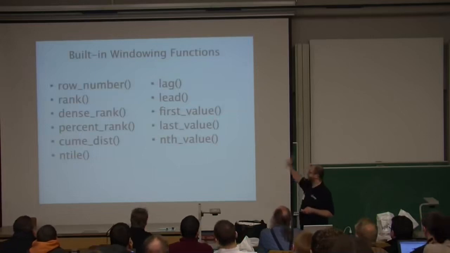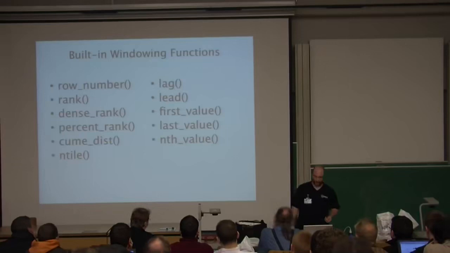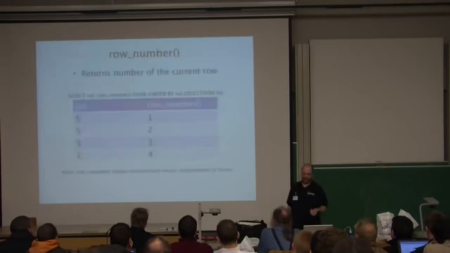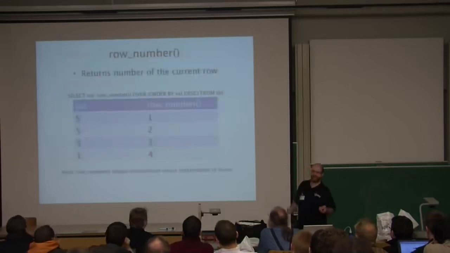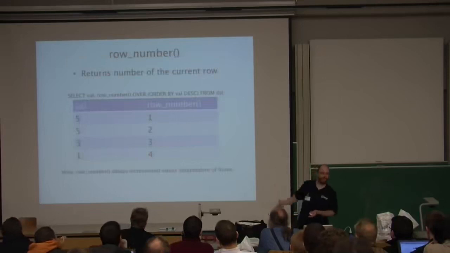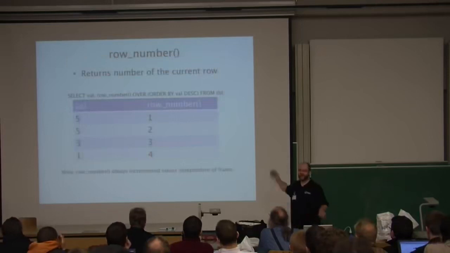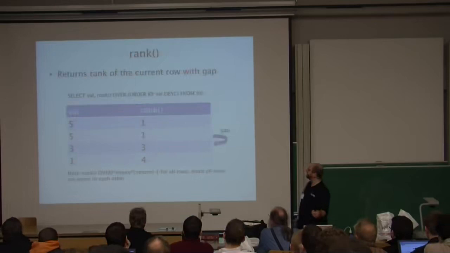Row number, rank, dense rank. Well, you can read all those here if you really want to. I'll demonstrate some of these and how they work. So we've seen row number, which just bumps it unconditionally over the window. This can be handy for numbering results. Rank we've seen. So there's a gap.